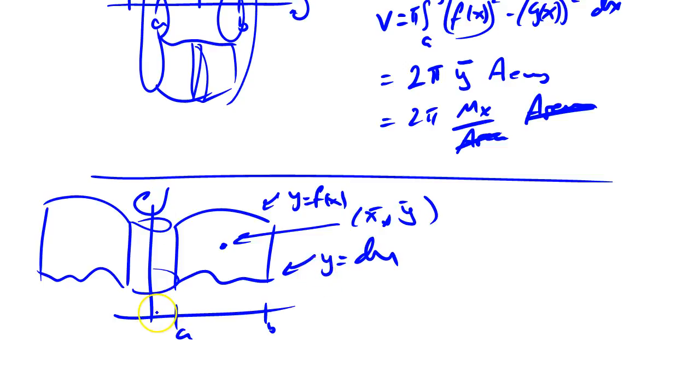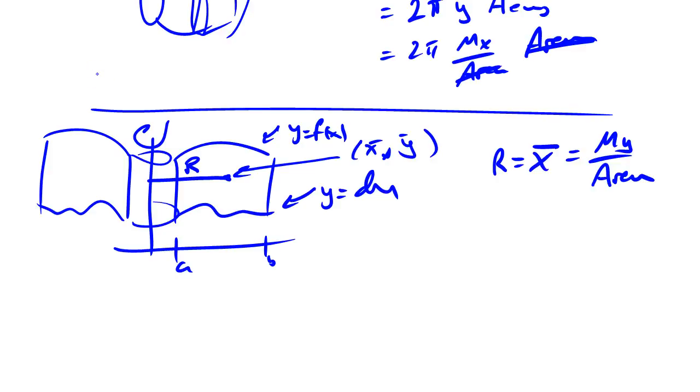The axis is the y-axis, so in this problem r is measured this way. That's the distance from the centroid to the y-axis. That's x bar. R equals x bar, which is my divided by the area.